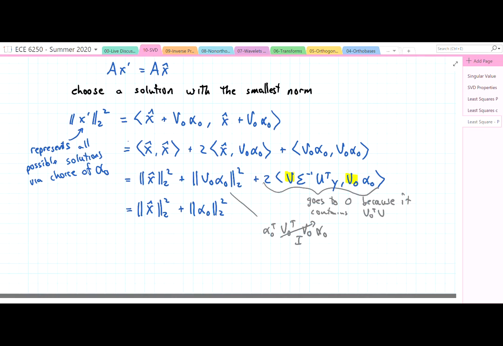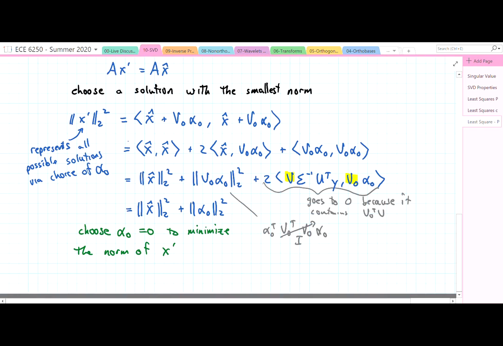Okay, if we want to minimize the norm, then we have to choose alpha naught equals 0. So choose alpha naught equals 0 to minimize the norm of x hat.